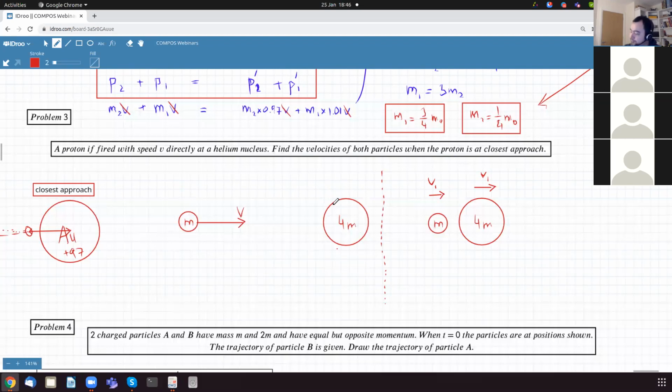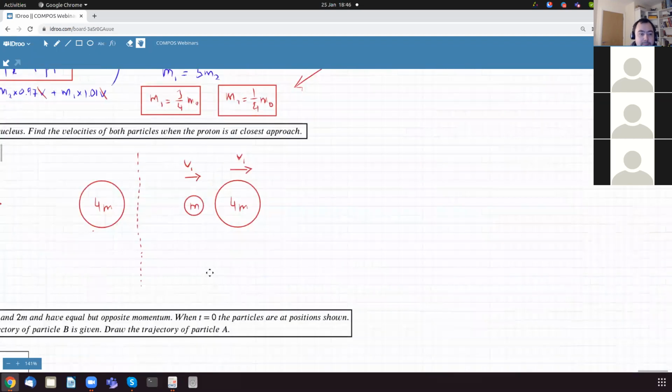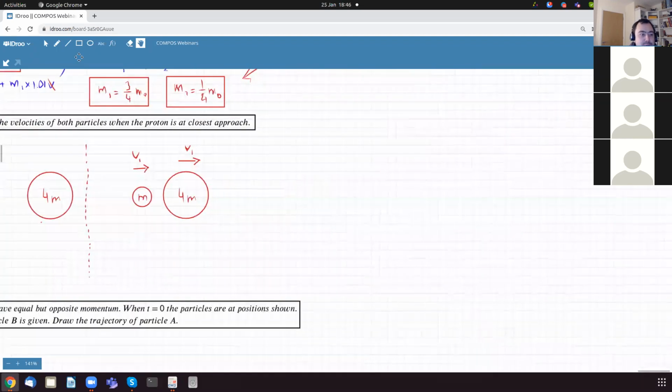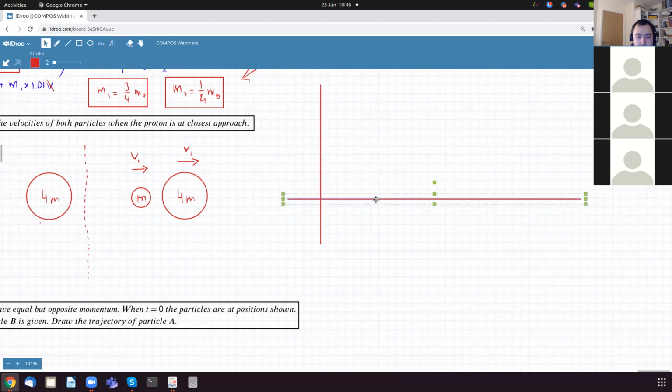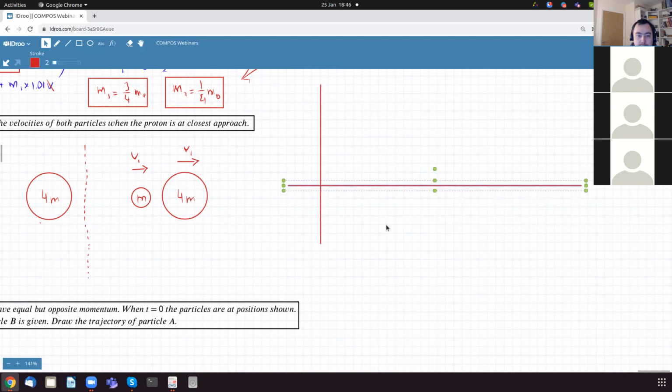Okay. So in a collision like that, if you draw the velocity of the proton, let's start with the proton moving with velocity v.